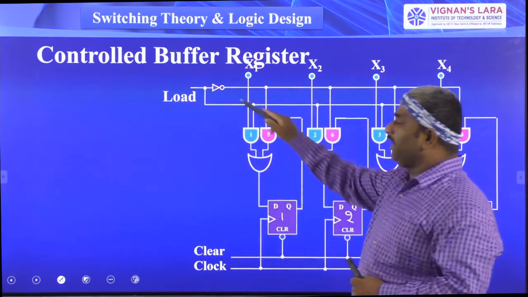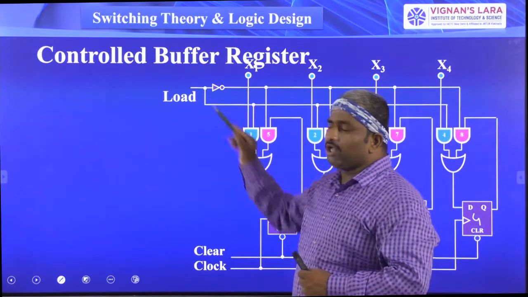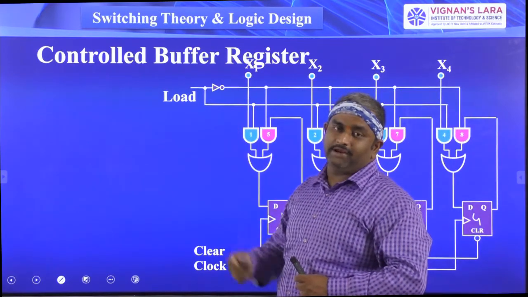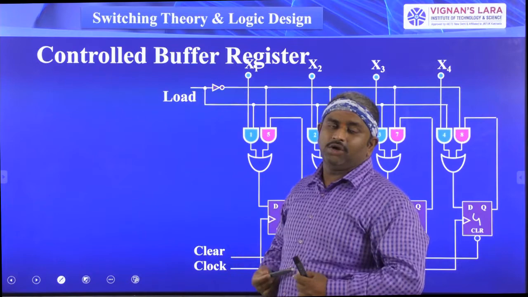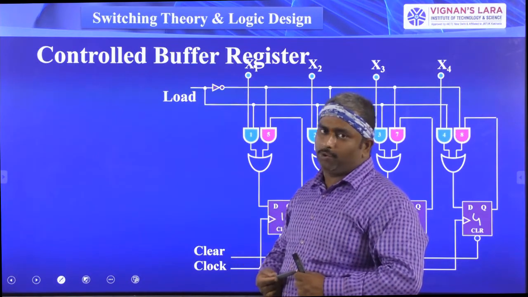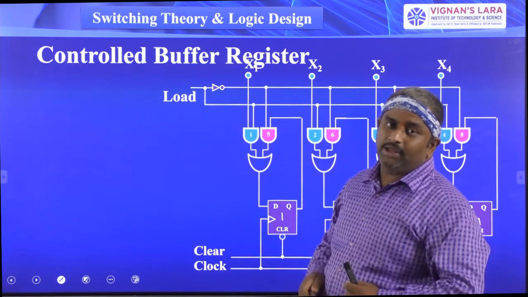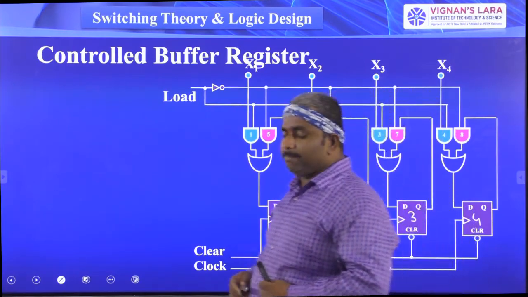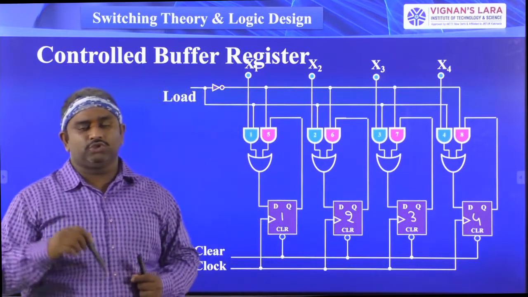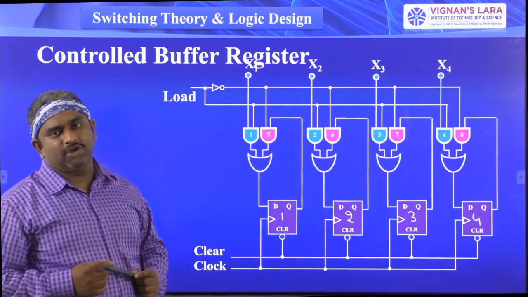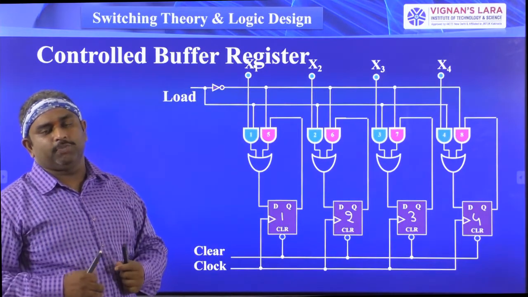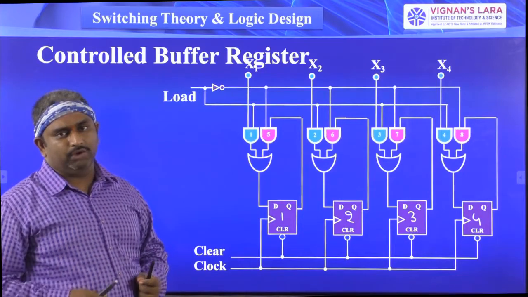Whenever the load signal is equal to 1, it will take the input data to store or to process to the output. Whenever the load signal is equal to 0, it should show the previous output again at the place of output. That means the previous output is the present output. Like that we have to work.